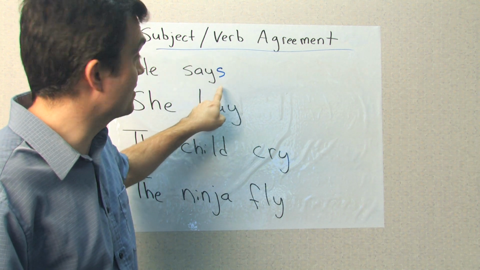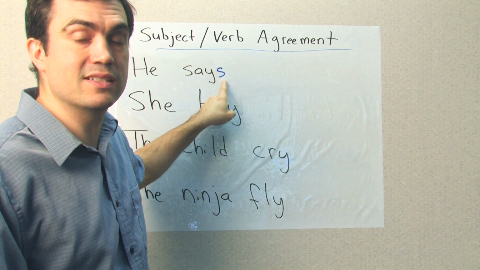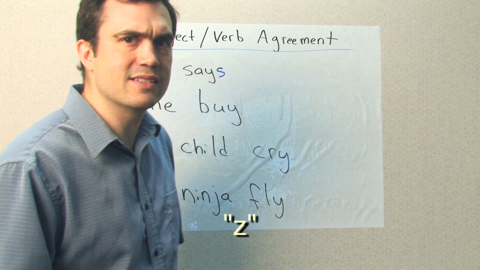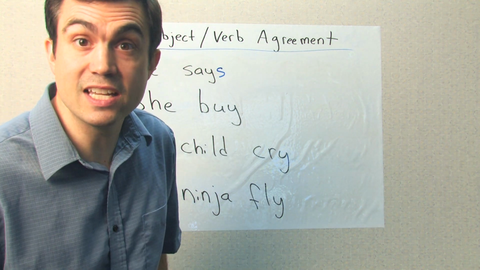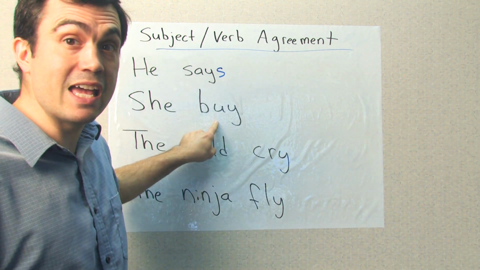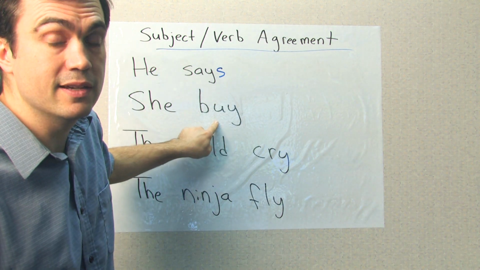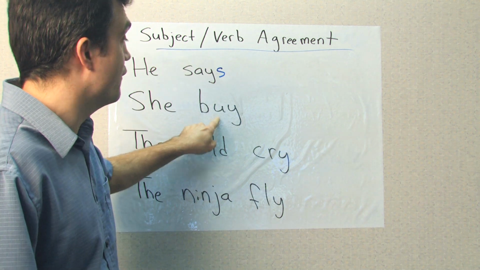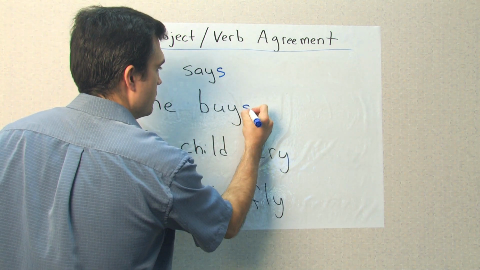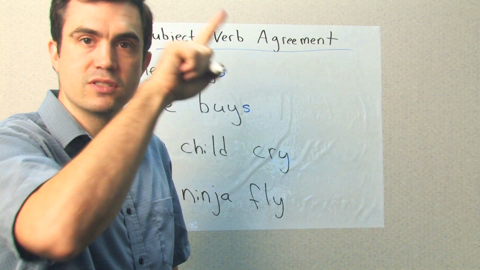Just add S. He says, and it sounds like a Z again. He says. She buy? No. She buys. Vowel plus Y. She buys. Sounds like a Z.